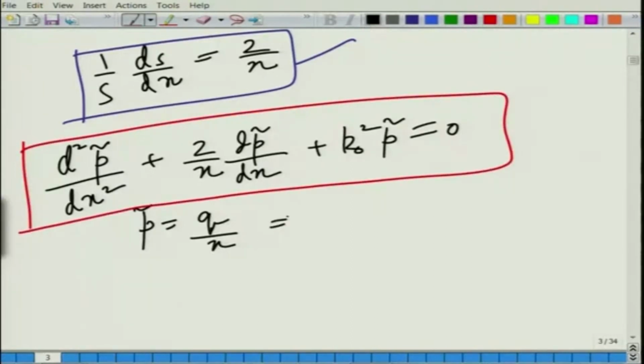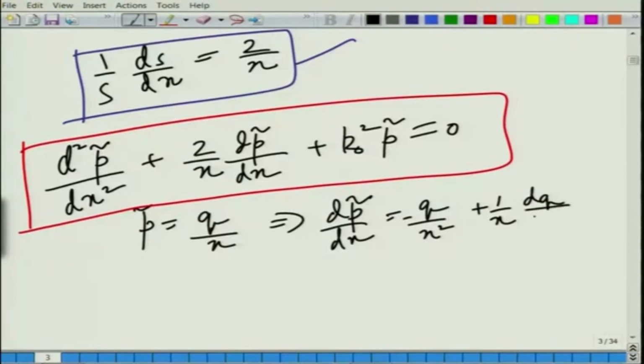So, what this would mean is that dp by dx is minus q by x square plus 1 by x into dq by dx. Okay, so we get the following. Now we have to differentiate this again to get the second derivative.